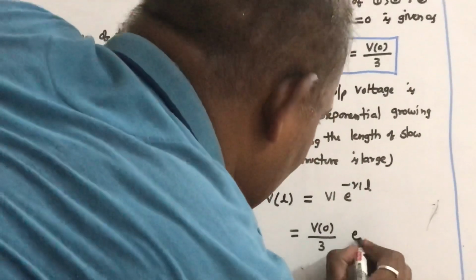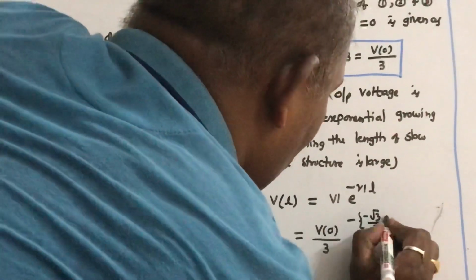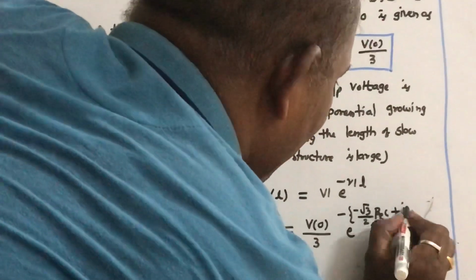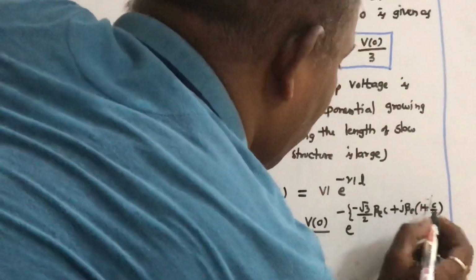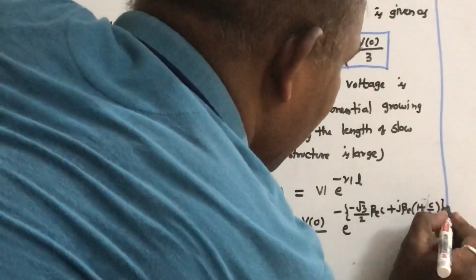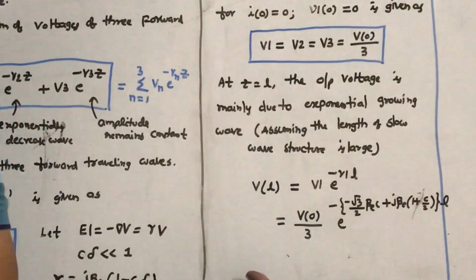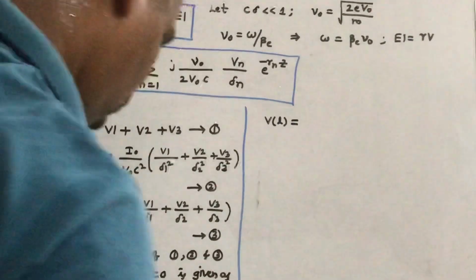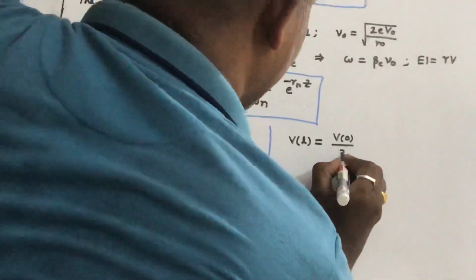So e power minus gamma 1, where gamma 1 is minus root 3 by 2 beta e into C plus j beta e into 1 plus C by 2, into L. Separate these terms. So V of L, the output voltage at L, is written as V of 0 by 3.